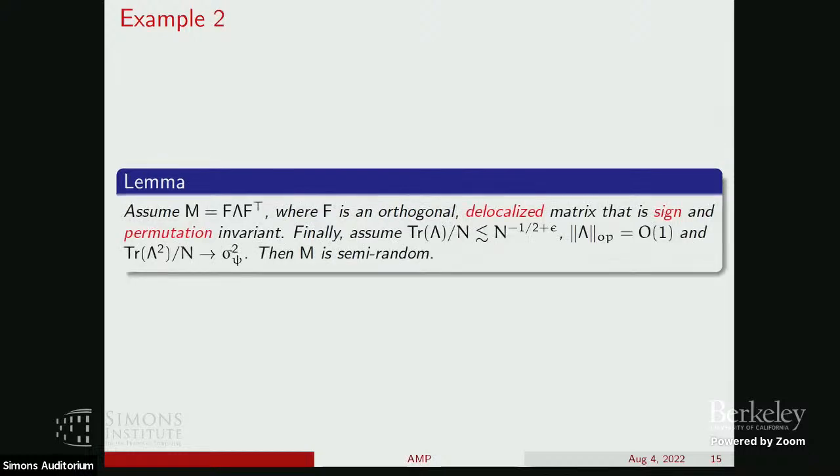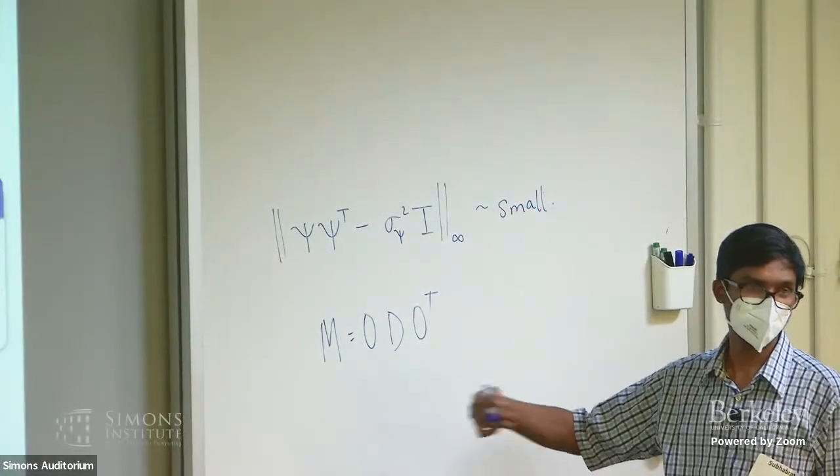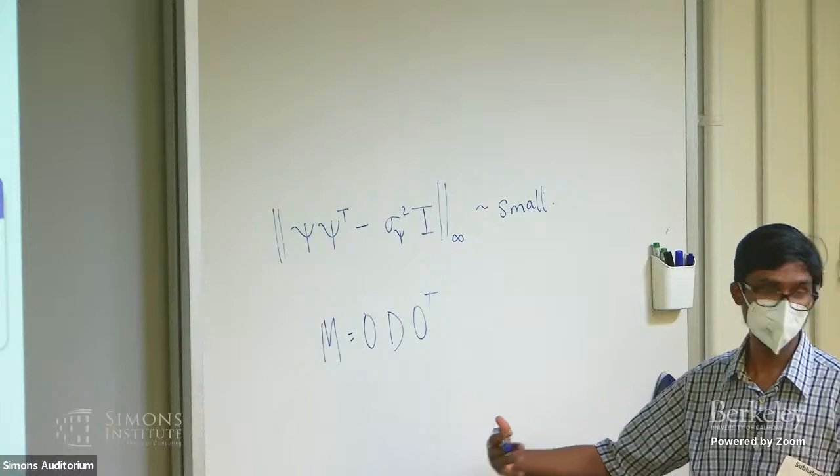A second one is, and this is sort of what we are really going for. One of the ensembles that I described before were matrices of the form O D O transpose, where D is a deterministic diagonal matrix and O is Haar, right? And I told you that this one example people really understand well.